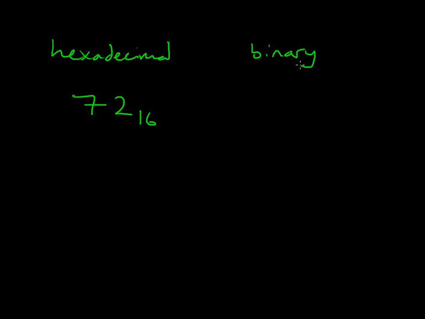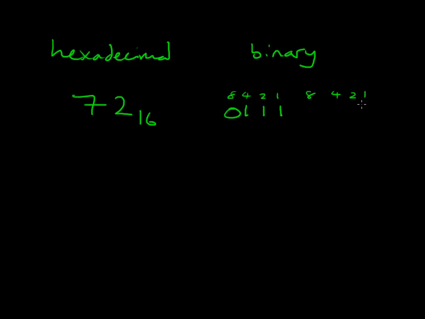So I want to convert the hexadecimal number 72 into binary. So first of all, do the nibbles, so 1, 2, 4 and 8, and the second nibble of 1, 2, 4 and 8. So 8 can't go into 7, but 4 can, so we need 4, 5, 6, 7. So that's what our first nibble looks like.